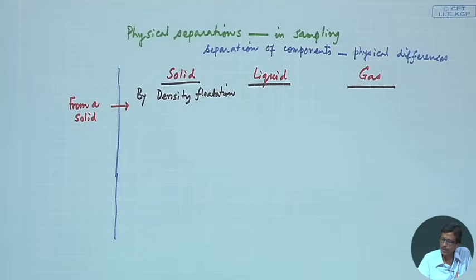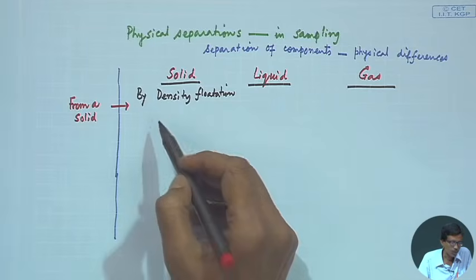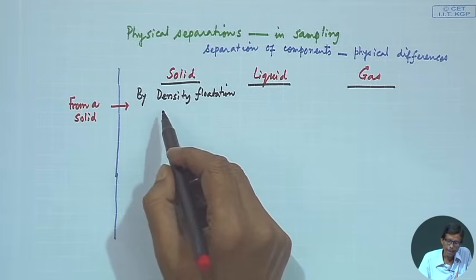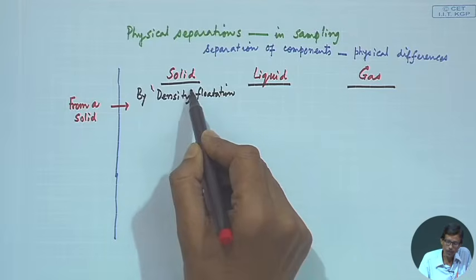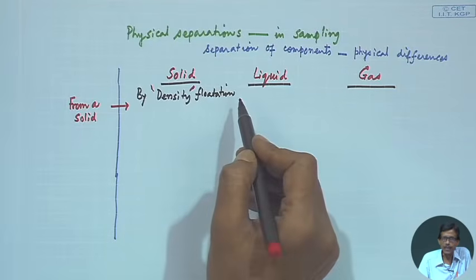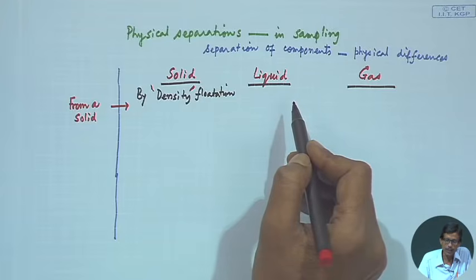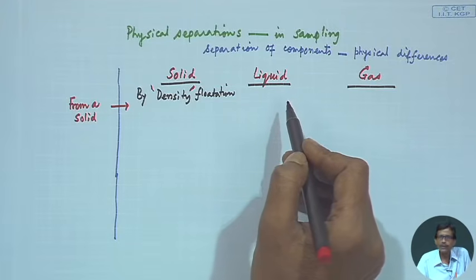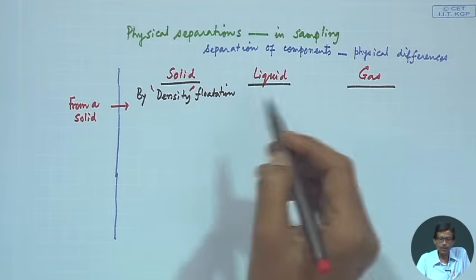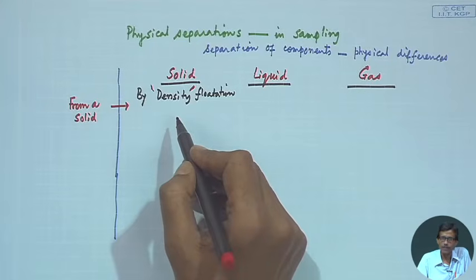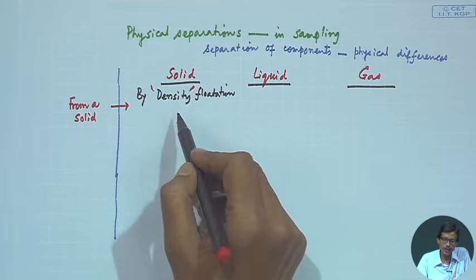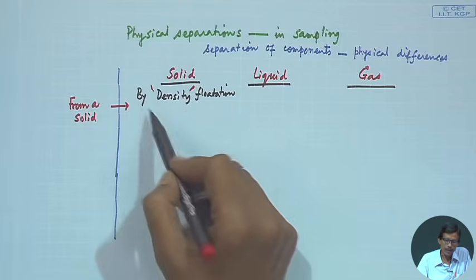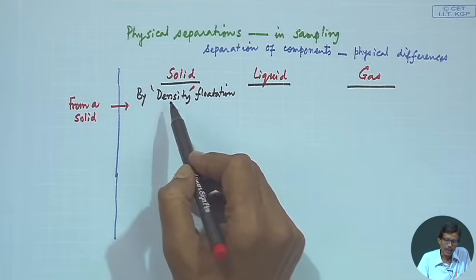So, what is that? Density flotation is that we choose some liquid, and depending upon its density, whether the solid floats or submerges in that liquid, we can differentiate it out. If we have a density column with density differences in the liquid, we can use that.